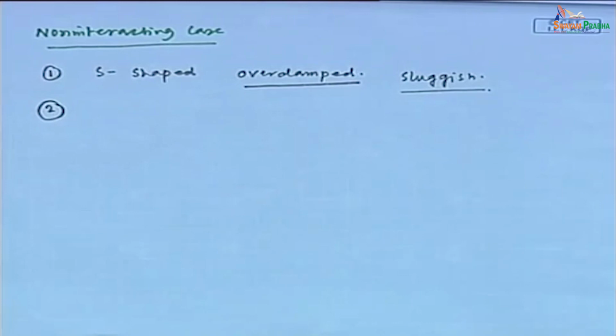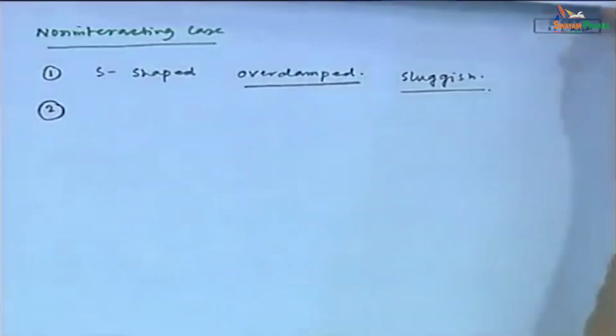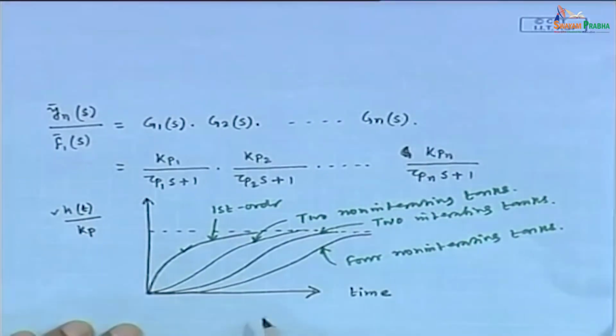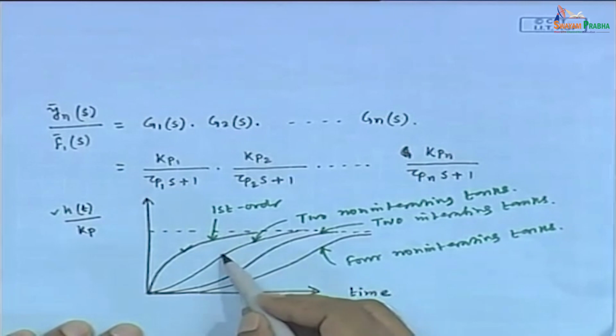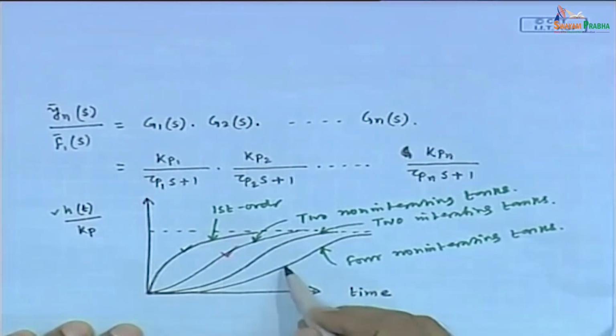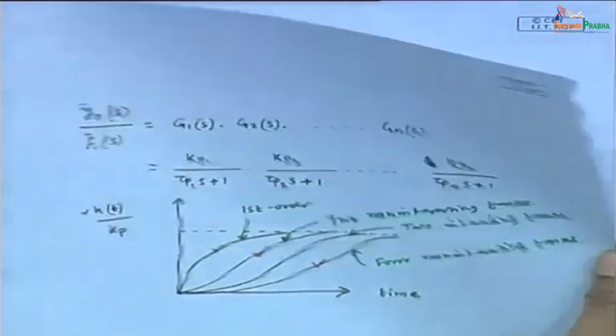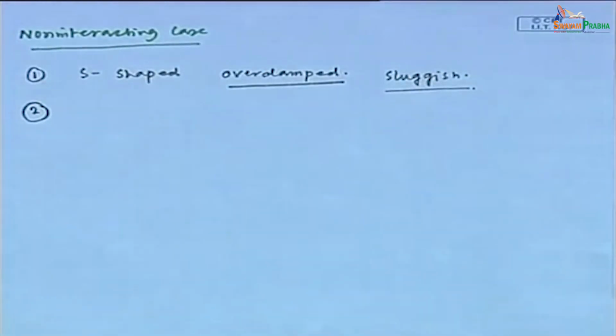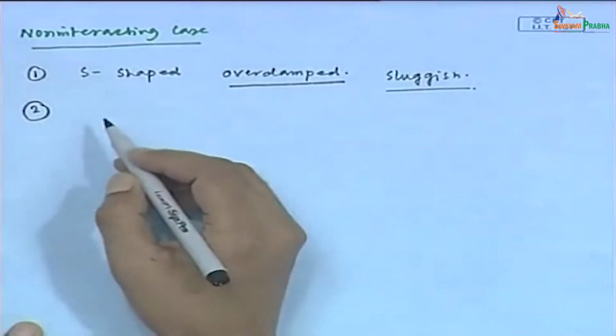If you compare the dynamic behavior of 2 non-interacting tanks and 4 non-interacting tanks, then we can conclude that increasing the number of capacities in series increases the sluggishness of the response. Agree? So, this is the second comment.